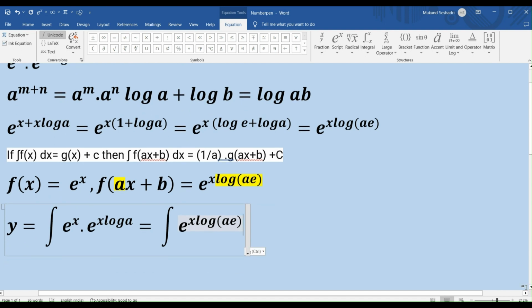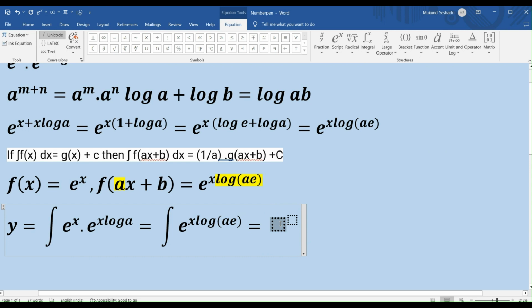So this is what we have. And I'm going to apply the rule what we just wrote. If integral of f of x dx equals g of x plus c, then my integral of f of ax plus b times dx is 1 by a g of ax plus b plus c, right? And in place of a, I have log of ae, right?